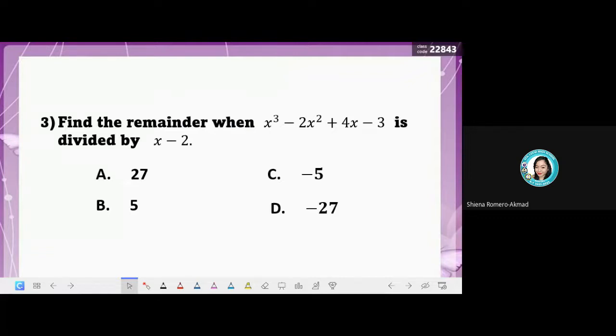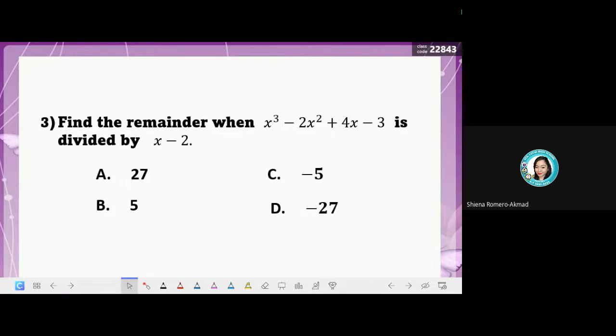O, ito naman. We have to find the remainder when x cubed minus 2x squared plus 4x minus 3 is divided by x minus 2. So, pakitandaan po yung given. Pakitandaan. Ipapatype ko rin yan sa ating in-call messages. X cubed minus 2x squared plus 4x minus 3 divided by x minus 2.